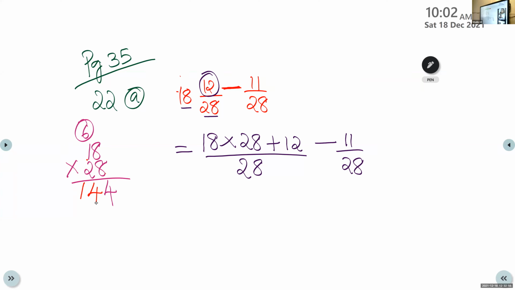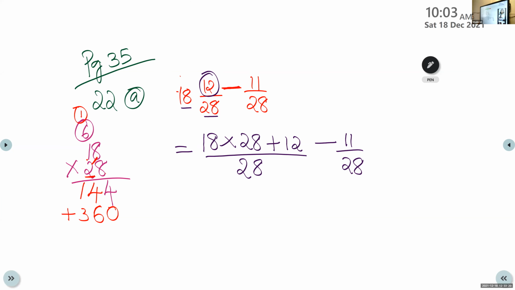So we have here 144. Then, okay, second row we will start with the 2 tens. Multiply with 2 tens. So the second row starts with 0. 8 twos are 16. 1 is carryover. 2 into 1, 2 plus 1, 3.